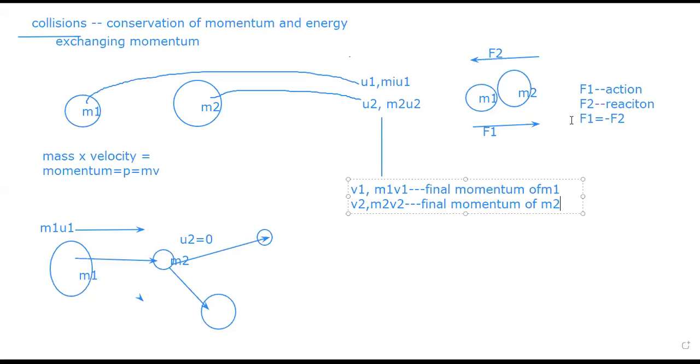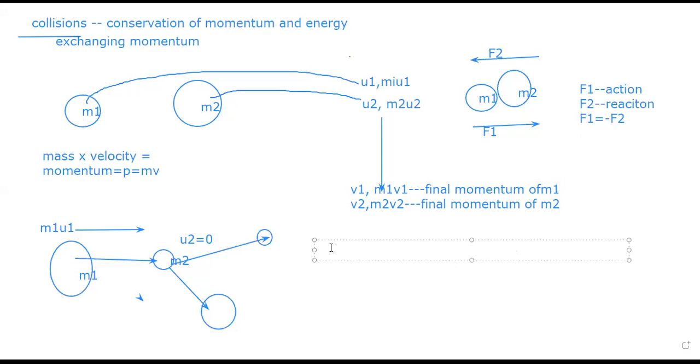We know that Newton's third law is applied during the collision. Now coming to this one, the momentum is exchanged. A part of the momentum is shared by the two masses. We can observe that and calculate it.